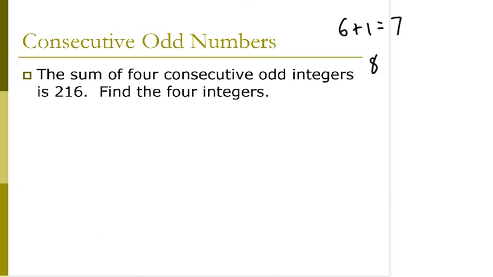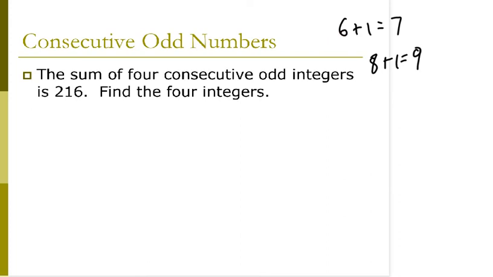For consecutive integers, though, we have to think about it a little bit differently. If we summarize what we have here, let's say we start with some random number. To get an even number, basically it's a number times 2.